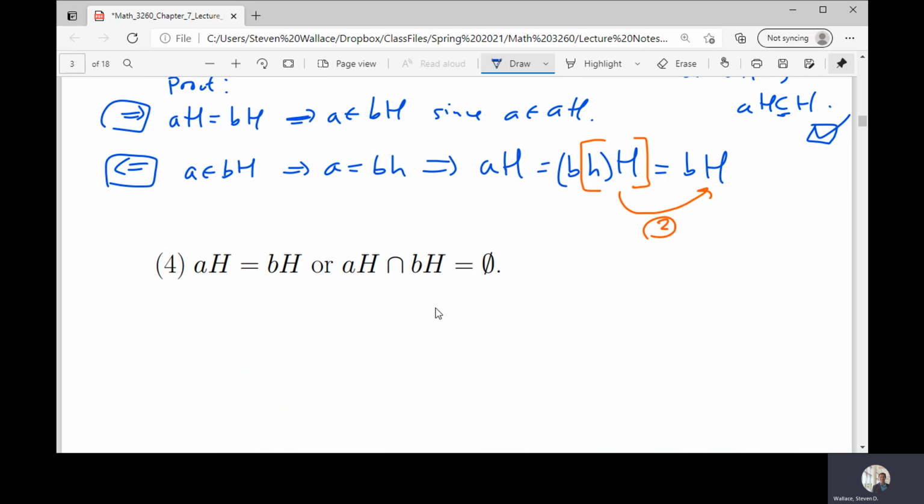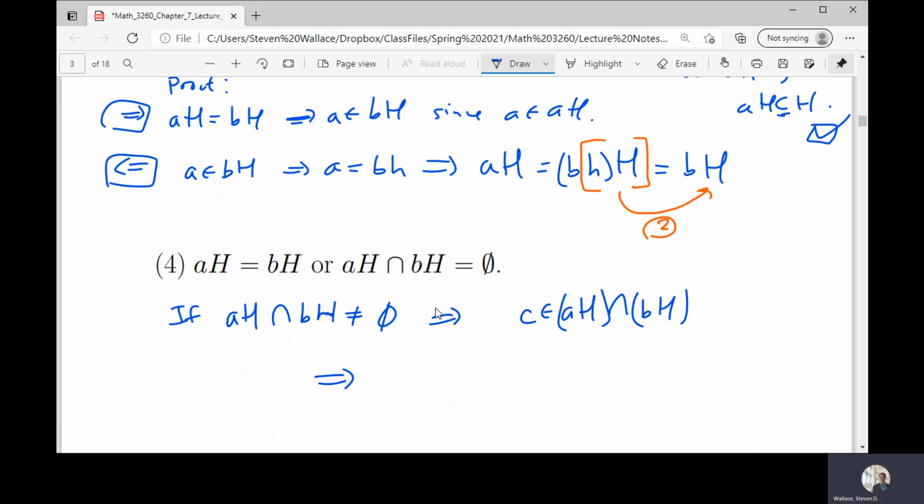And because it's an if and only if, in number 4, it says you either have two cosets are equal or they are completely disjoint. So if AH intersect BH is non-empty, that means there's some C in AH intersect BH.